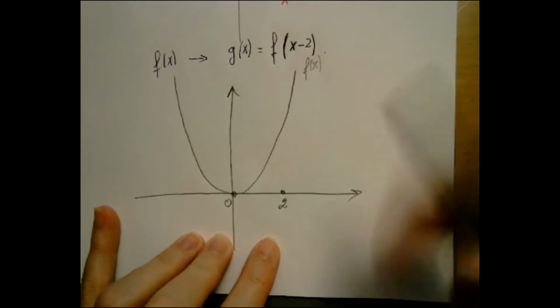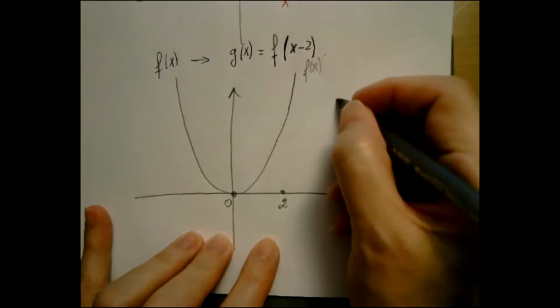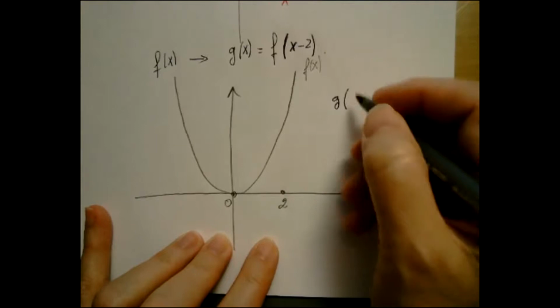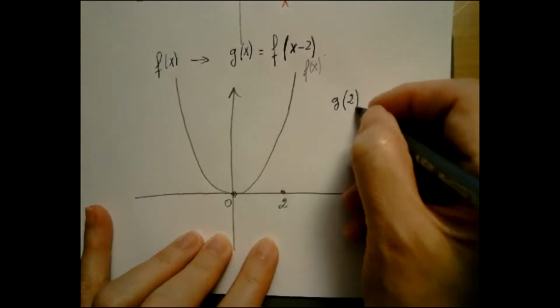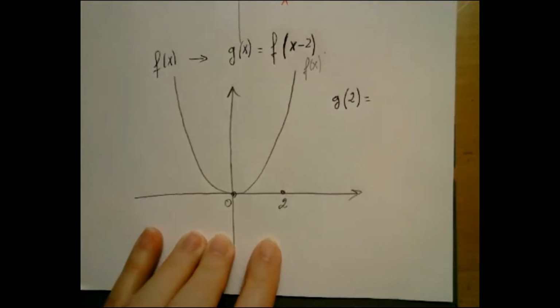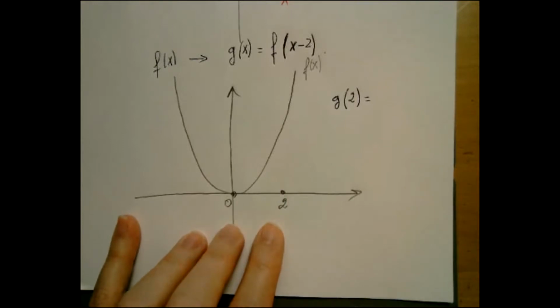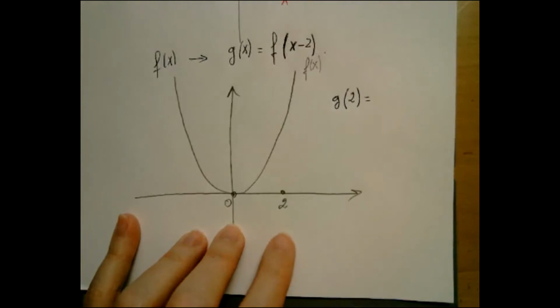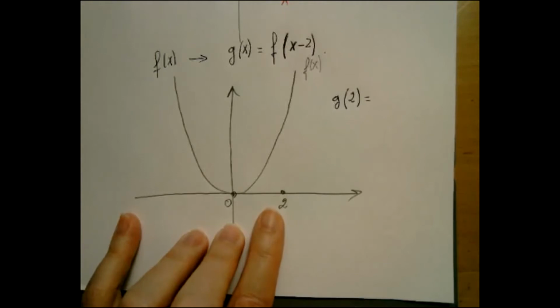What does my new function g take 2 to? Can anybody answer my question? Yeah, absolutely correct. It takes 2 to the right. I know that definitely. But I want g of 2. You're absolutely right. All of you are right. I want g of 2 though. I totally agree with you, and that's what we're going to say, but I still am going to ask you, what's g of 2?